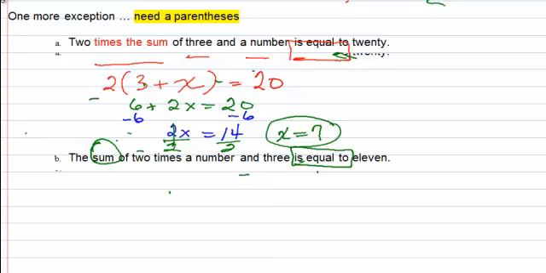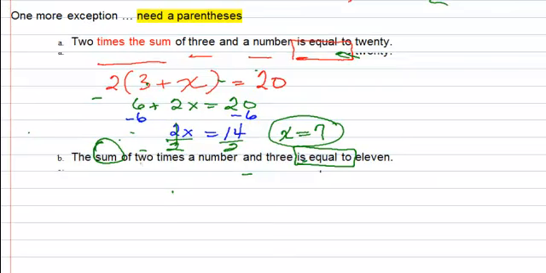We are adding 2 times a number and 3. So 2 times a number is 2x. So I'm adding 2x and 3. Here's my "is equal to" 11.